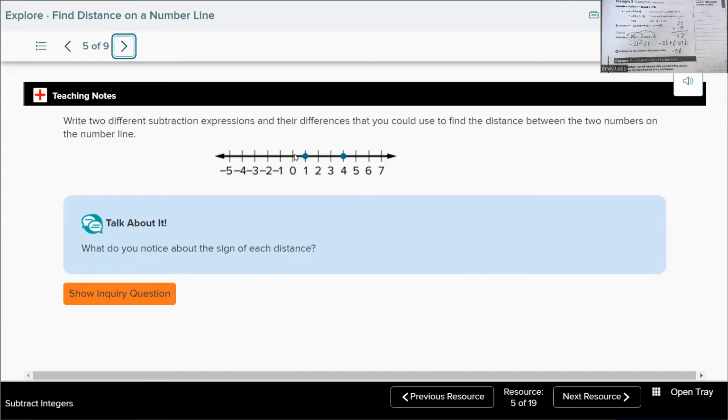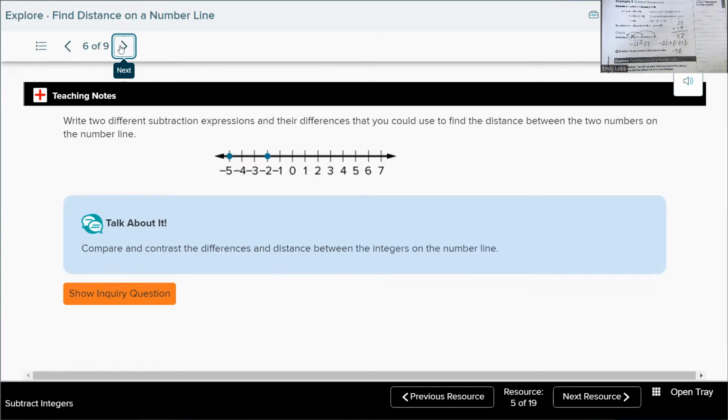So what are two ways I could get to 1? I could say 1 minus 0. I could say 0 minus a negative 1. That's a little bit weird. That's really weird to think about, right? The distance could be 1 in multiple different ways. You start subtracting negatives. This is very abstract and obscure.